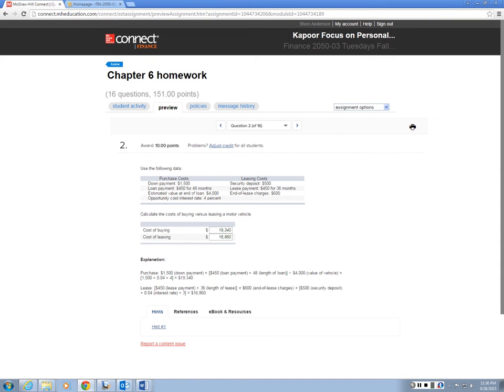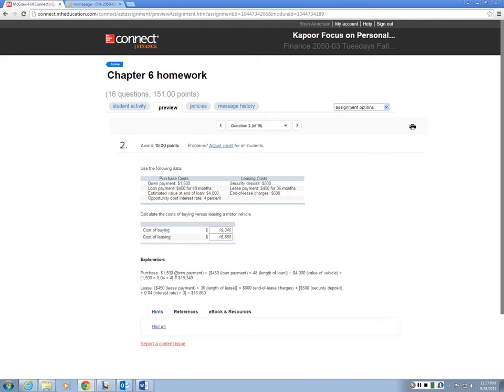Two, we have another buy versus lease cost comparison, and this is where we do get the security deposit. Notice that you don't have the security deposit explicitly in there. It's only the interest or opportunity cost lost at a 4% rate that we could have earned. So same process.